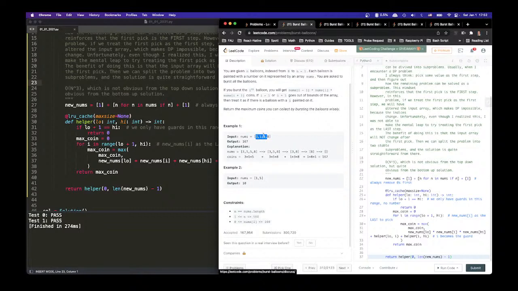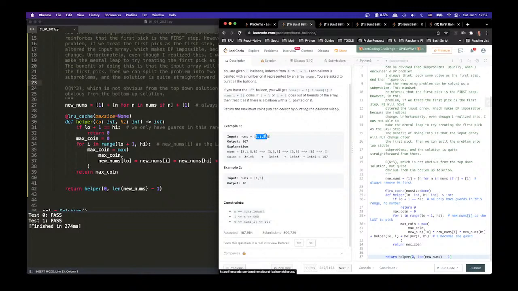So for 1, 3, what we need is 1, 2 and 2, 3. Okay? So by this, we fill up this. That's a diagonal, right?